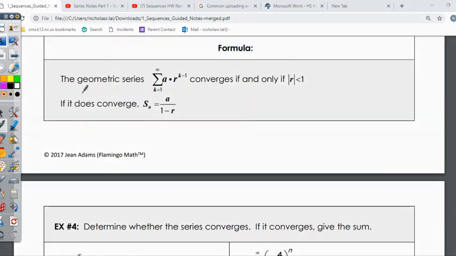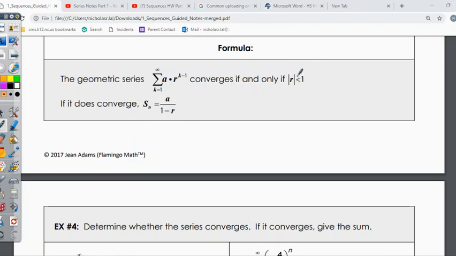So a geometric series converges if and only if the absolute value of r is less than 1. If it does converge, then Sn is equal to a over 1 minus r. So what this is saying, putting this in English, is that if you have a geometric series, it's only going to converge if your common ratio is less than 1.